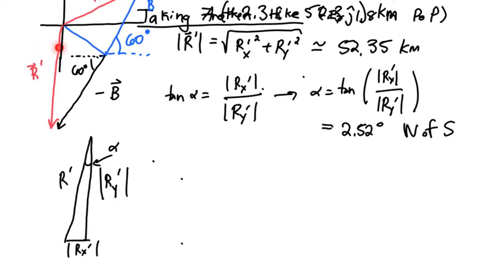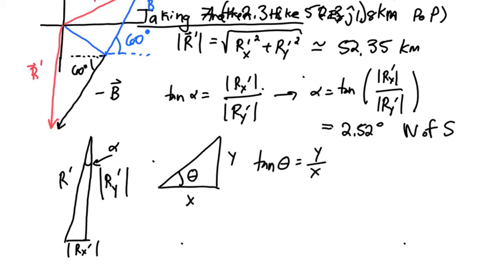Now this illustrates one of the possible complications that students encounter with this kind of problem. Sometimes you may have this triangle in your head, and you think, oh, tangent of that angle is y over x. But in this case, that wasn't true. This was the x component over the y component, not the y component over the x component.